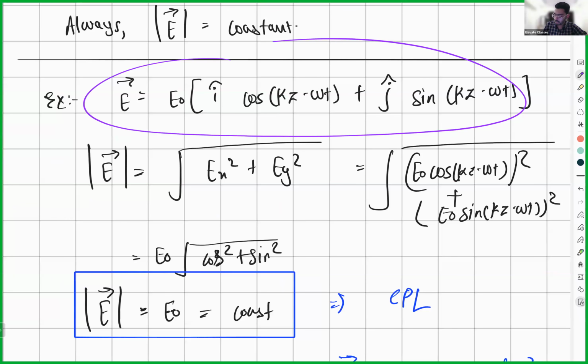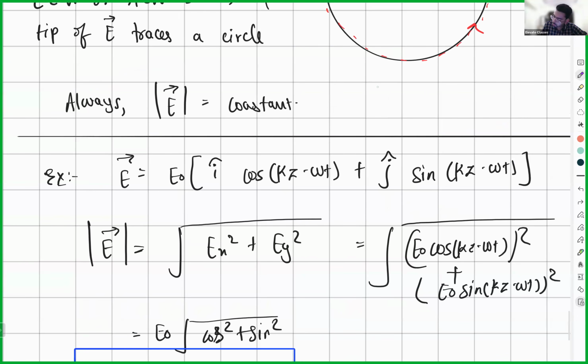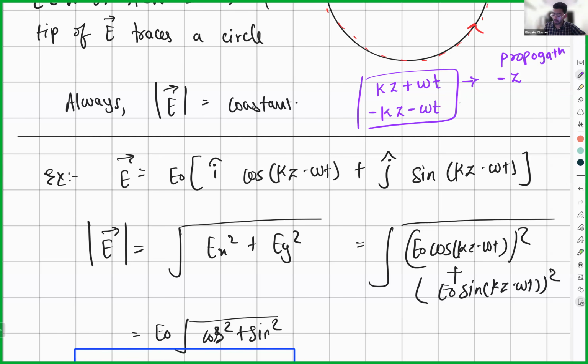Let me write this down over here. If I have kz plus omega t, propagation is along minus z. Propagation of the electromagnetic wave is along minus z. If I have minus kz minus omega t, then also the propagation direction is minus z, which means that the sign should be the same for both the terms.